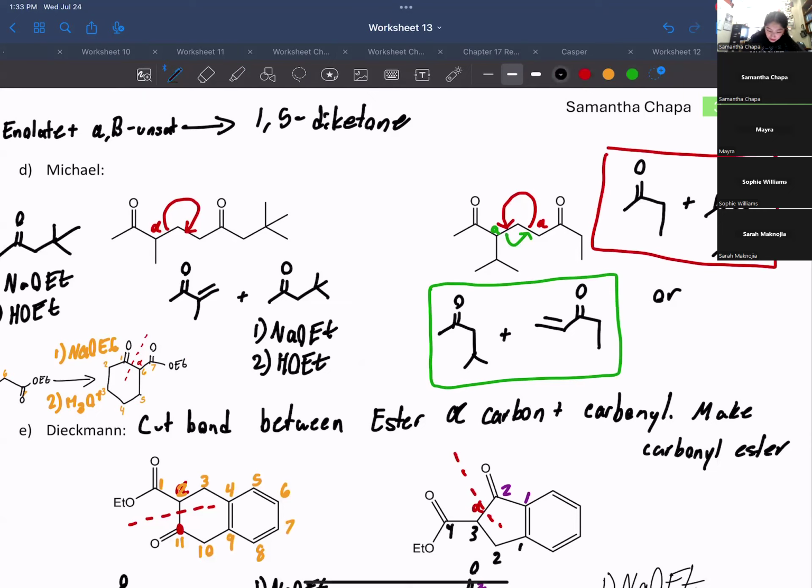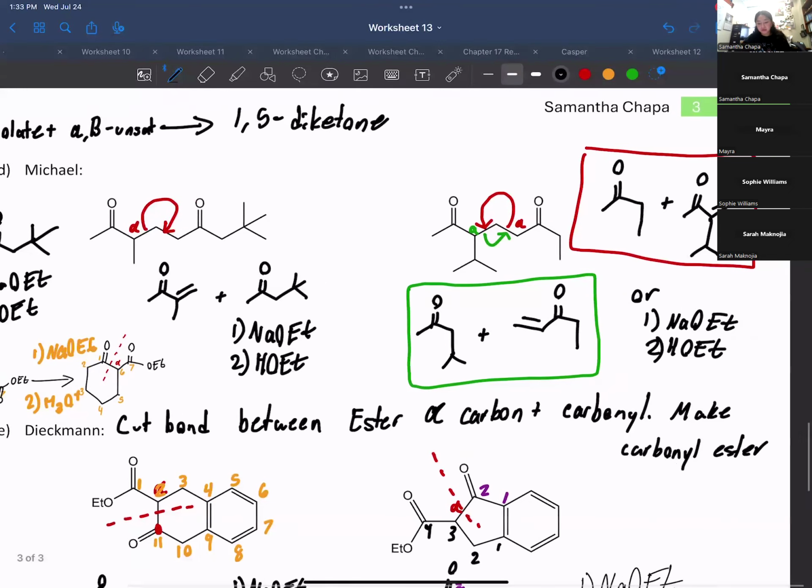But with both of them, you need NaOEt and HOEt. And I think it's good if you can do the two products, both the red and the green, just because it's more practice. So any questions on anything that we've done so far, including this one?